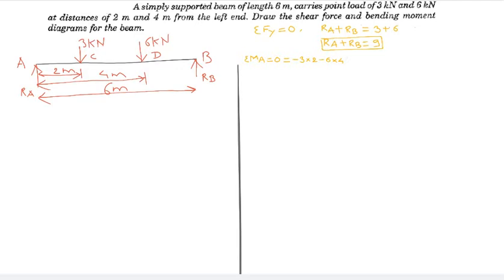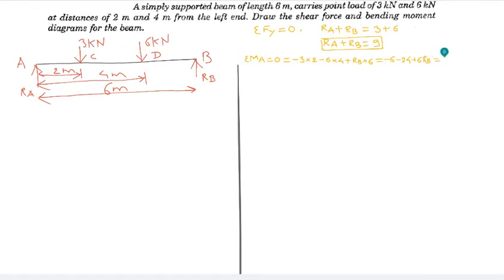Now Rb is going in an upward direction, so its moment will be positive, so Rb multiplied by 6. If you simplify this further, you will get minus 6 minus 24 plus 6 times Rb, and this is equal to 0.